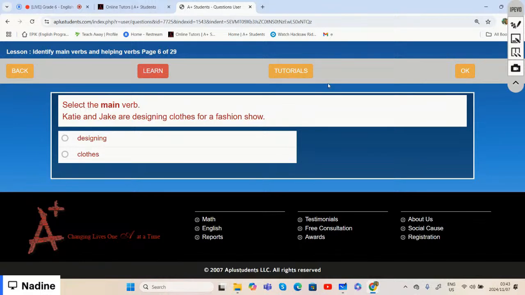The next one says Katie and Jake are designing clothes for a fashion show.